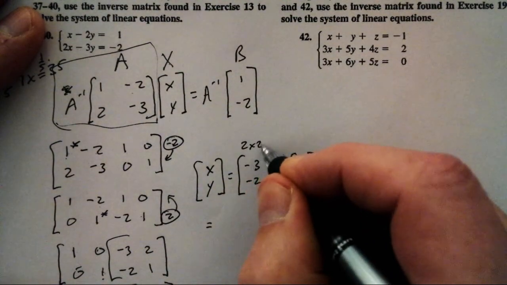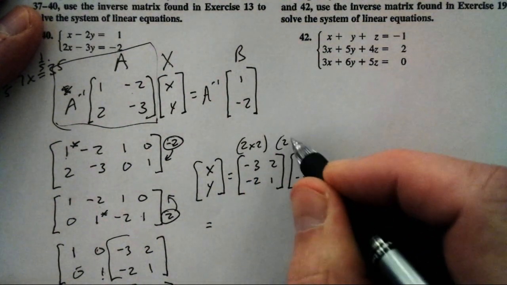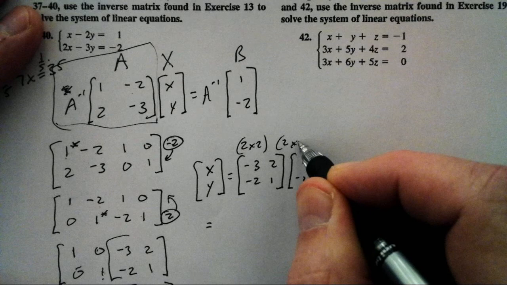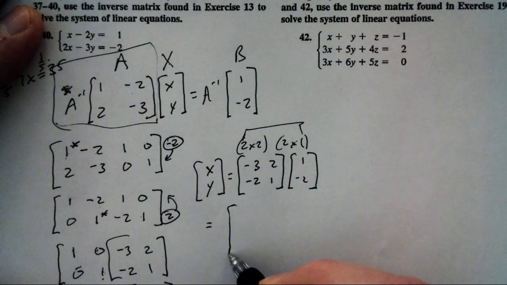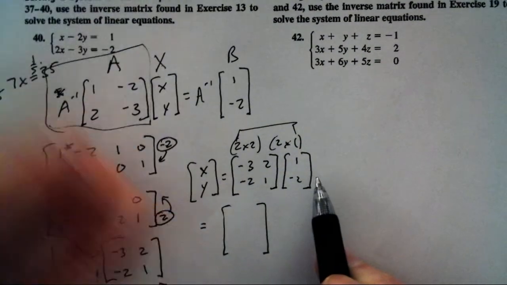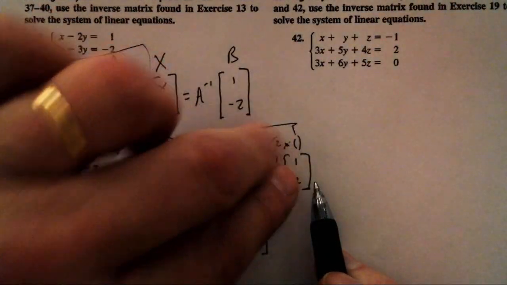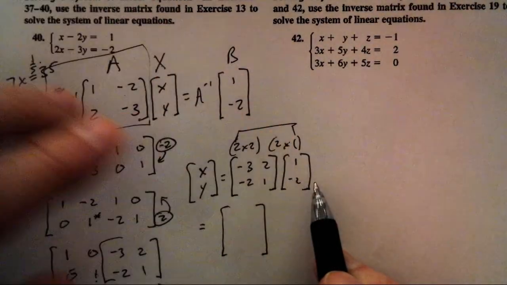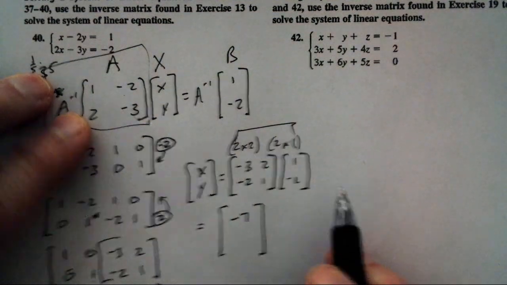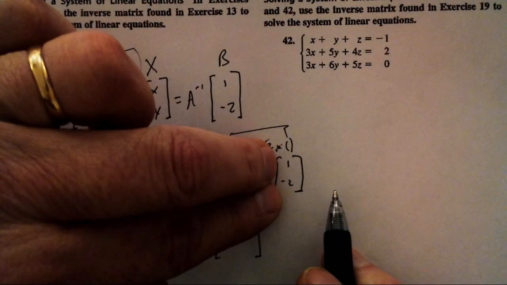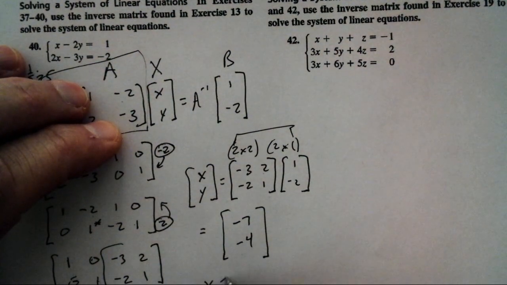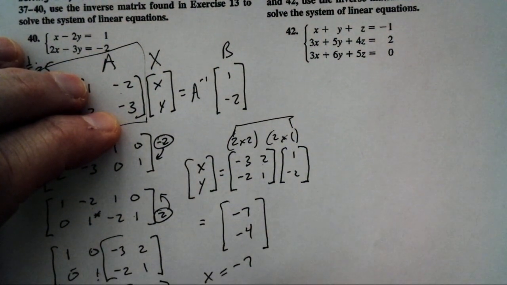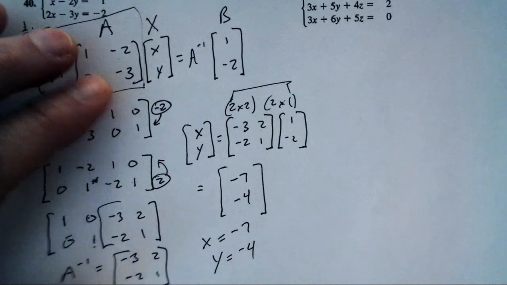This is a 2 by 2 times a 2 by 1, our answer is going to end up being a 2 by 1. I think we can just do this one in one step in our heads here. Spinny finger thing, -3 and -4, -7. -2 and -2, -4. X is -7, Y is -4.